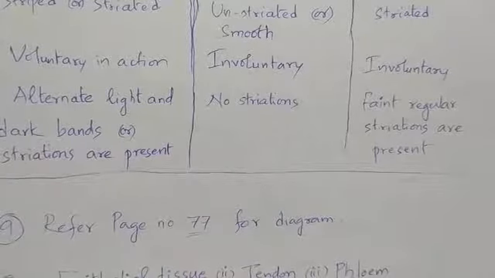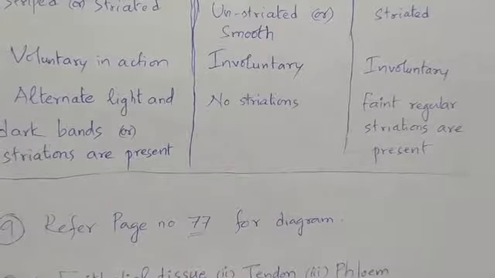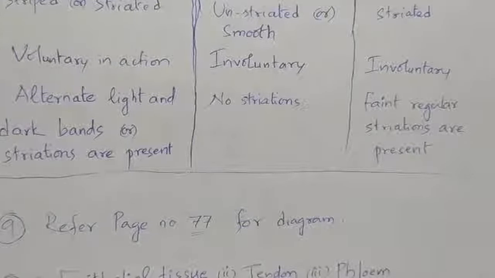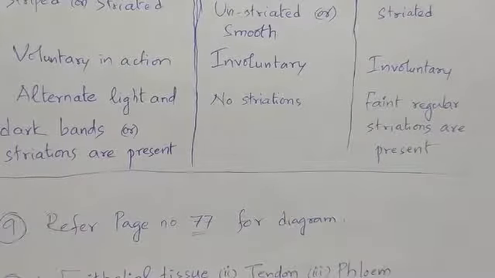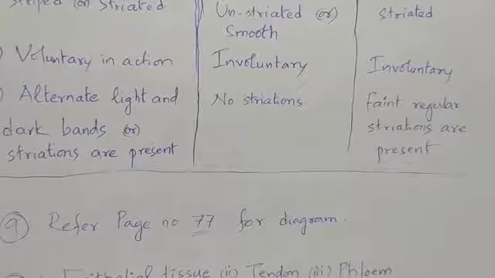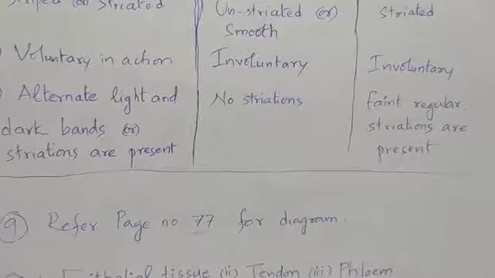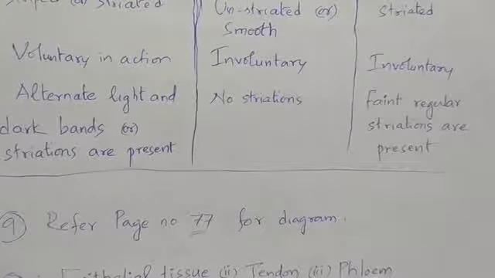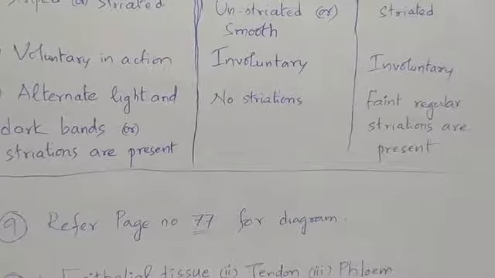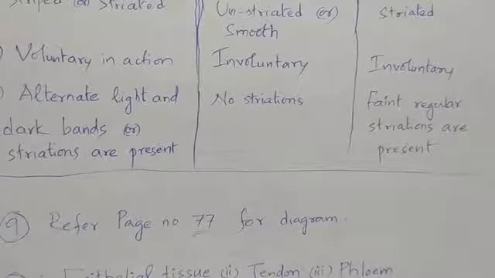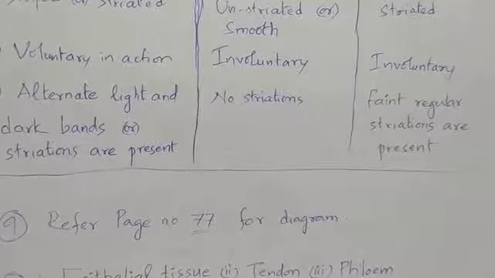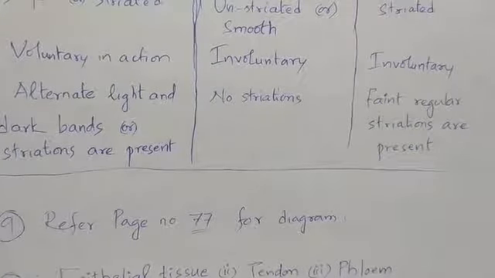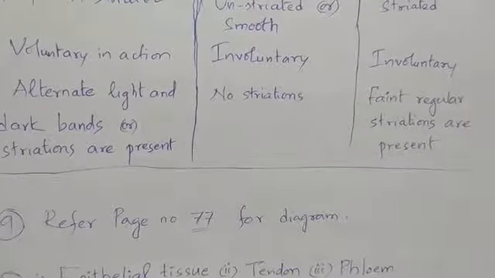In skeletal muscles, the striations are alternate light and dark bands. In cardiac muscles, they are faint regular striations, not alternate light and dark. In the case of smooth muscles, what about the striations? There are no striations in smooth muscles.